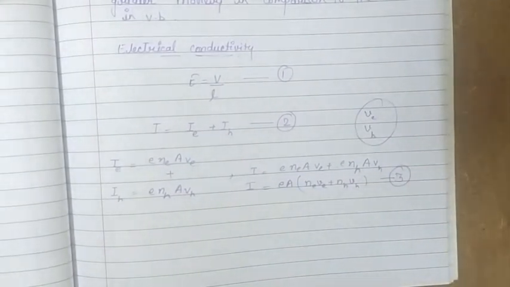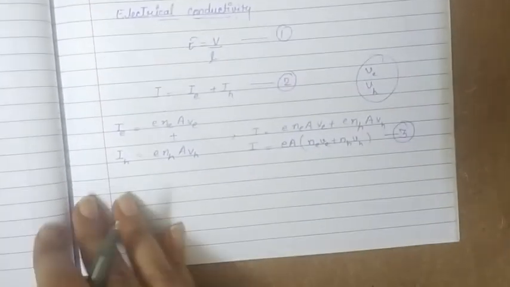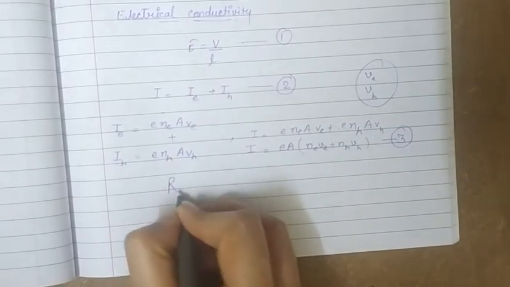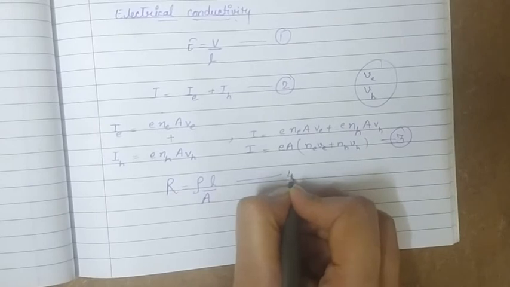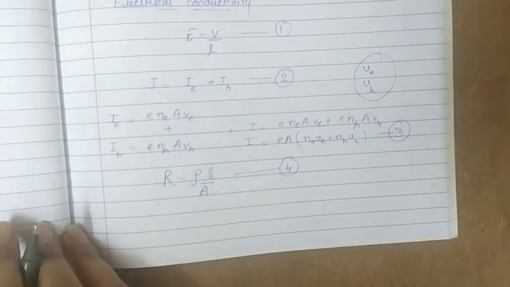Now, if R is the resistance of the semiconductor and rho is its resistivity, then we can write R is equal to rho L upon A. This is equation number 4. Now, we are going to analyze all these equations.